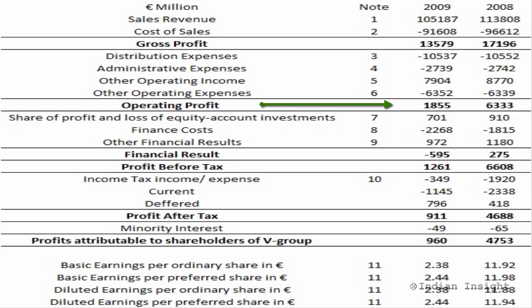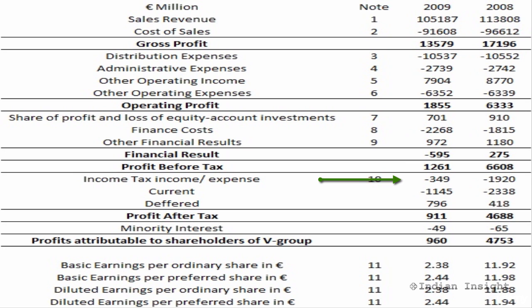Now, operating profit of V Group is increased by V Group's share of profits generated by certain of its investments of about 701 million and also by profits from its other financial activities of about 972 million. These profits are decreased by the financing cost or the interest expense of about 2268 million, which results in profits before tax of 1261 million.